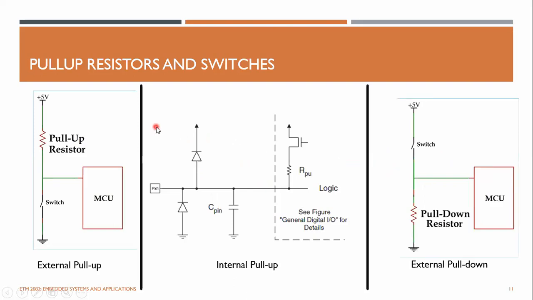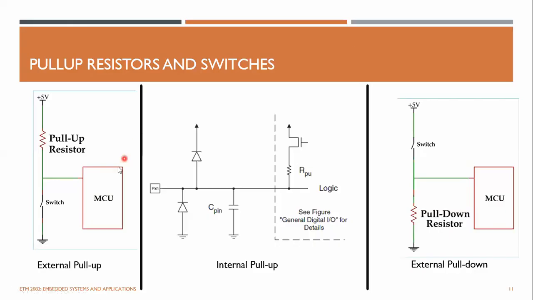Now we are moving to the pull-up resistors and switches. Sometimes you have to deal with switches, which means you want to see if someone presses this switch, to do some activity, like turn on an LED or turn on a relay or turn on a motor.